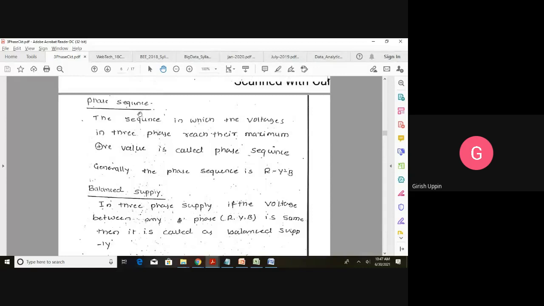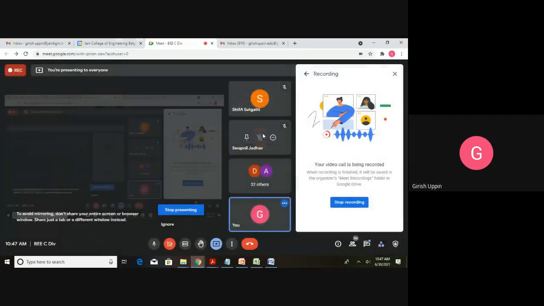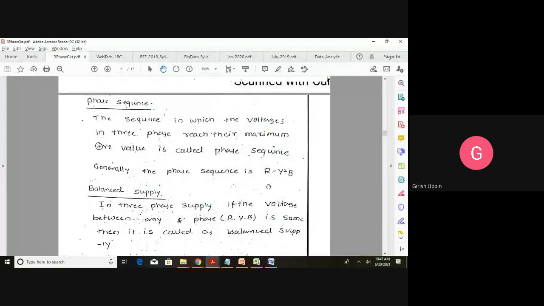And phase sequence, the sequence in which the alternating phases take the peak value, is called the phase sequence. So RYB indicates the maximum peak value is attained by the R phase first, then Y phase, and then B phase.